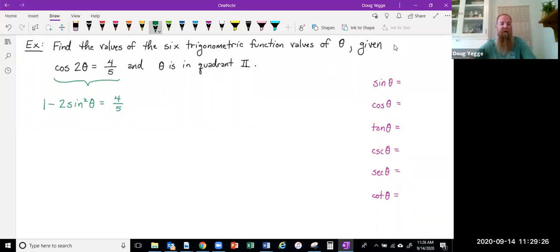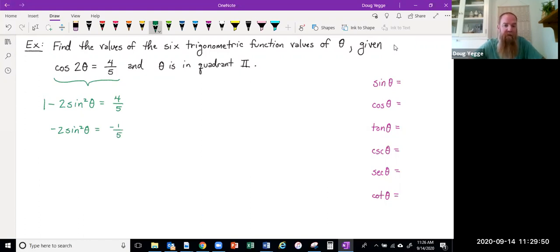So we just replaced our cosine 2 theta with its formula, and now we can isolate sine theta to at least know this value. All right, so we can subtract 1. That gives us negative 2 sine squared theta, and if I subtract 5/5 from that, that gives me negative 1/5.